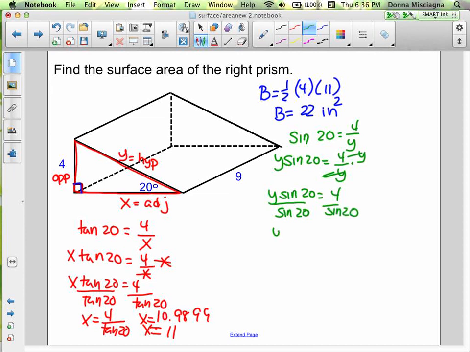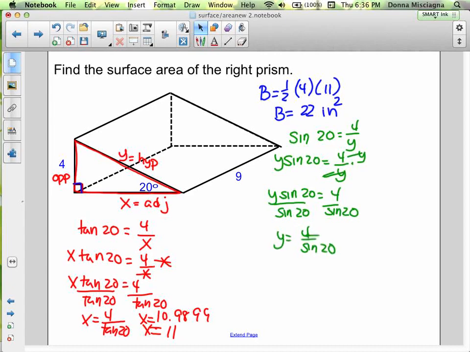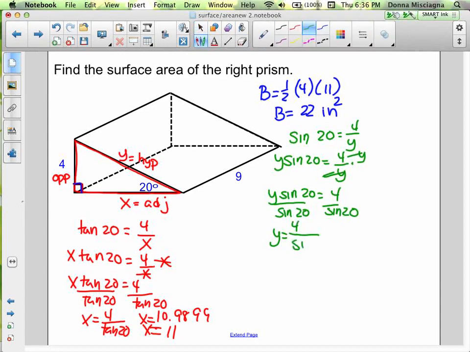So we have y equals 4 divided by sine 20. And now we plug into the calculator. I was trying to fix my division bar, but the orientation's so off that it was in the wrong spot. If we plug that into the calculator, y is equal to, round that to 11.7.